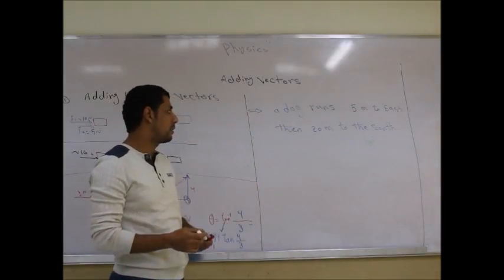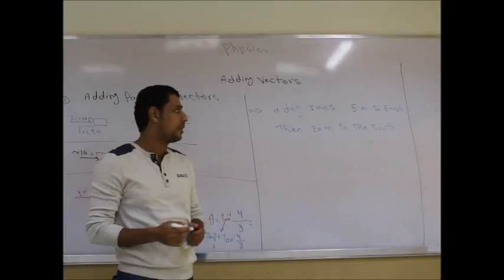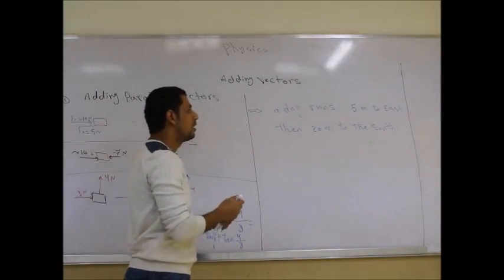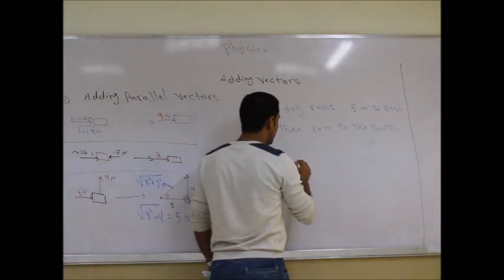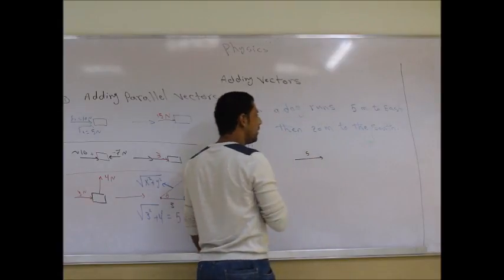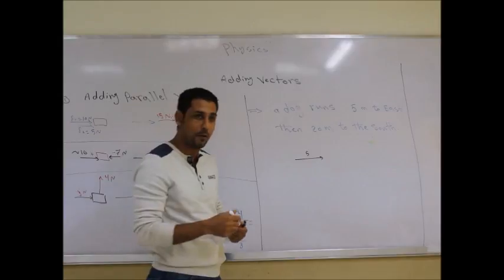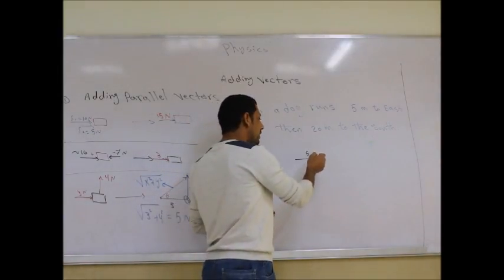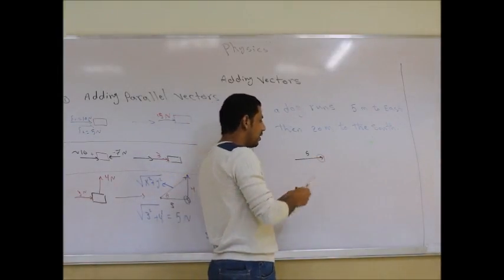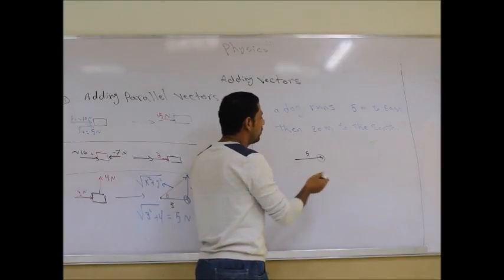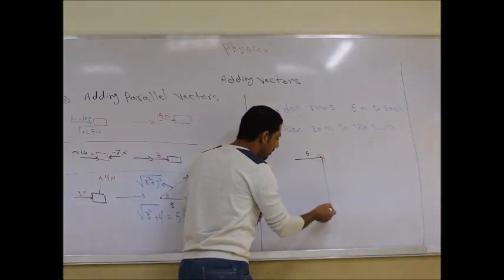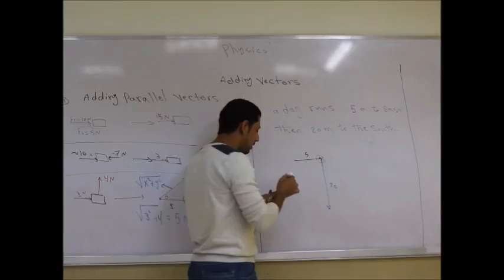How can we have the two vectors? First, take the first one as it is. It is to the right, so this is the east. So I take the east as 5. Then the end of the first one is the beginning for the second one. Never forget this. So the beginning for the second one will be 20 to the south.